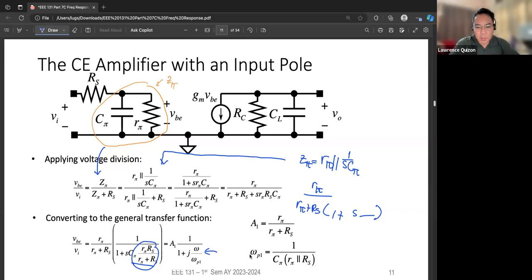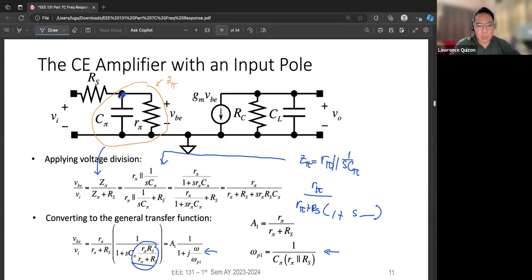And also, we find that the input cap introduces a pole, which will propagate through the system. So once we solve for Vout, we will find that this pole also shows up. That is 1 over C pi times R pi parallel RS, no? So this is another pole that appears.